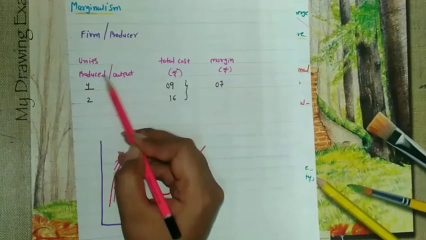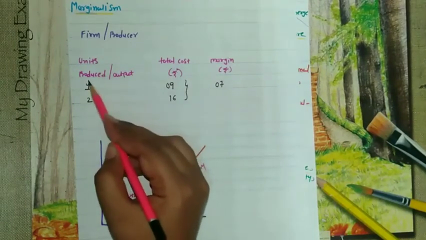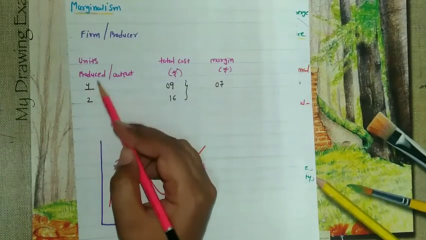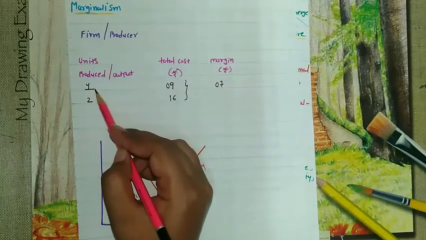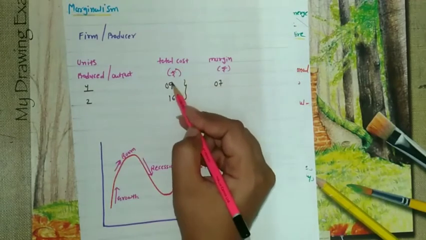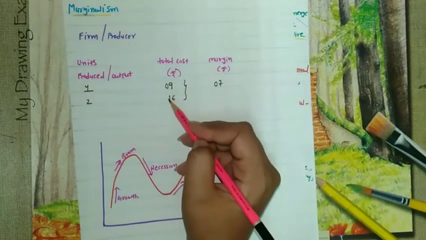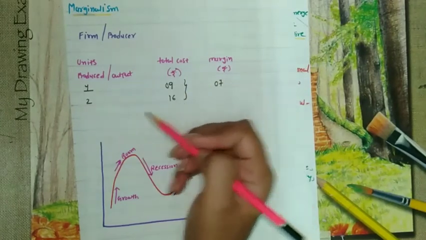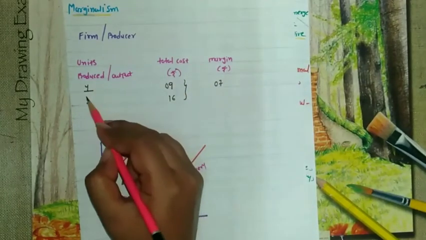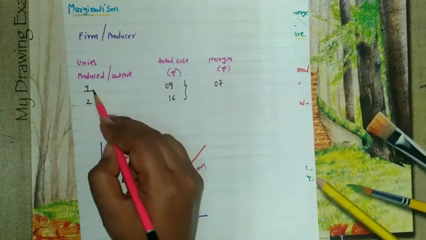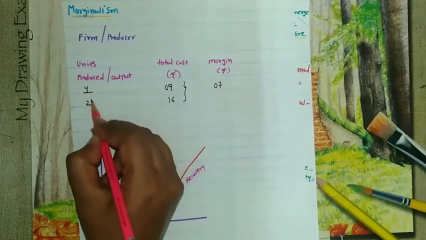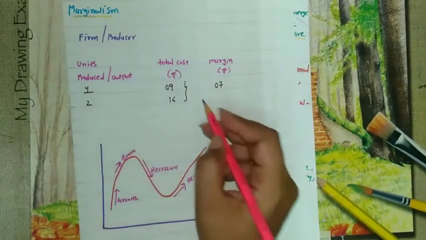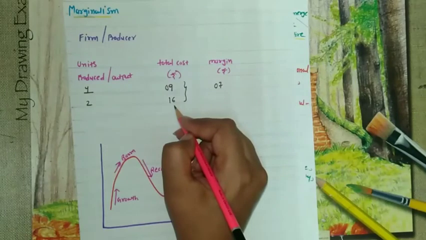Unit produced, or output: I produced one unit, that is one candy, and the total cost is 9 rupees. Now I have made two candies instead of one, plus 1. I added one more candy, so 2 candies, and my total cost will be 16.